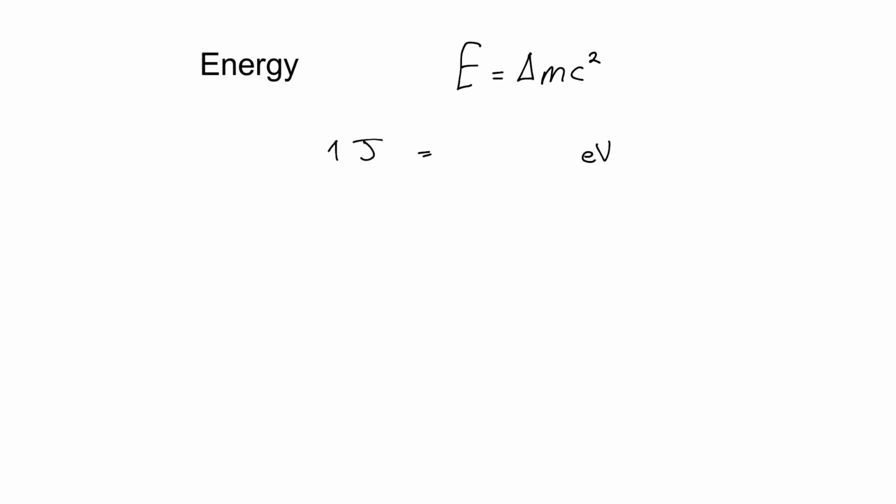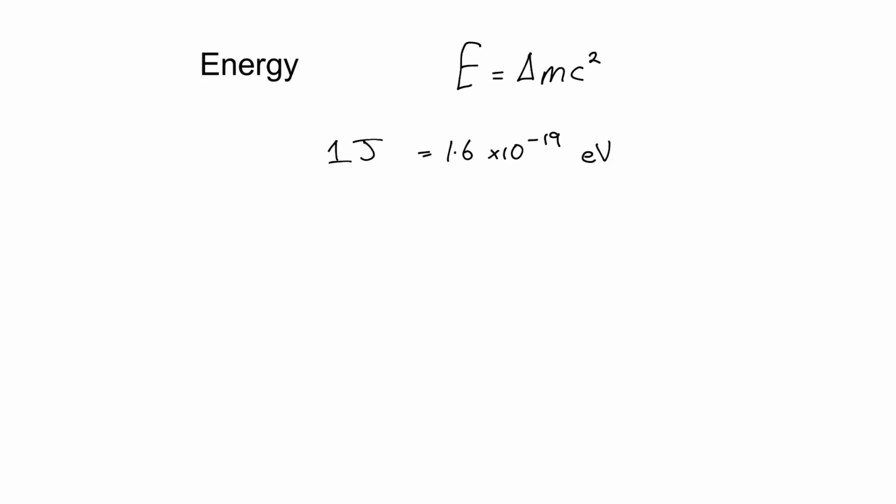And 1 joule of energy is the same as 1.6 times 10 to the negative 19 electron volts. So it is a really small unit to deal with. However, when we're dealing with small particles, it makes sense.